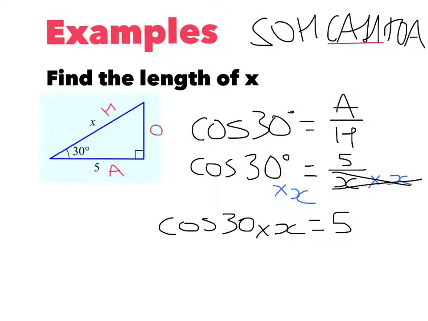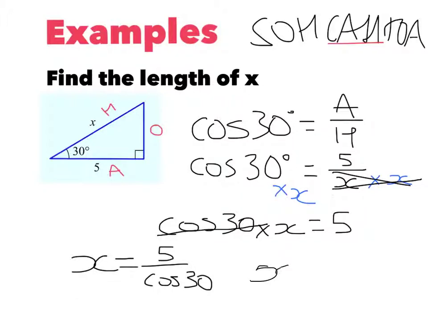That cancels out, and it'll be 5 divided by the cosine of 30. So x is equal to 5 divided by the cosine of 30, which gives me an answer of x equals 32.41. If you're a little bit lost, don't worry, let's stick through for another example.